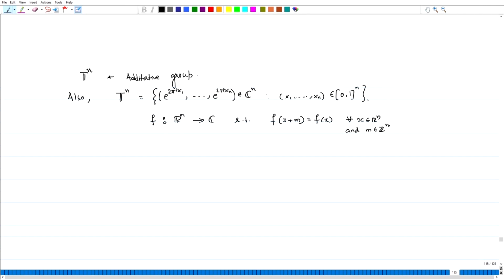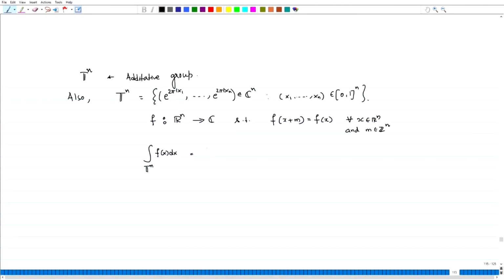We call this a 1 periodic function. Therefore, one can easily see that the integral over T^n of f(x) dx, as usual, means the Riemann integral defined over the cube, identifying T^n with the cube.